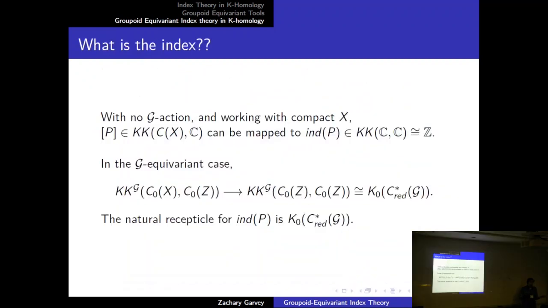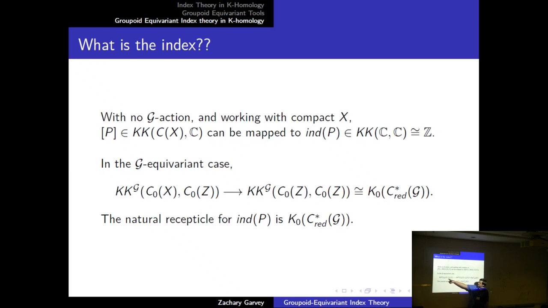Okay, I do want to talk a little bit about what the index is in this case, because it might not be clear what I mean by index. In the non-equivariant case, if you've got a K-homology class on C(X, C), it can be mapped to an index in KK(C, C), basically by mapping X to a point. This map is actually functorial. In the G-equivariant case, we can't map to a point. The smallest thing we can map to is C0(Z), because it's the object space of the groupoid.